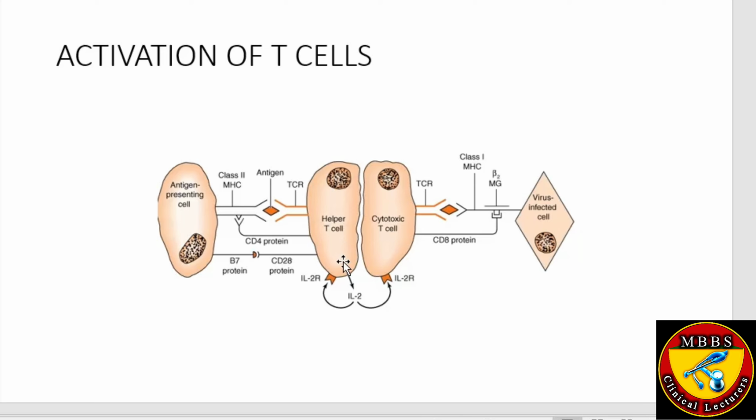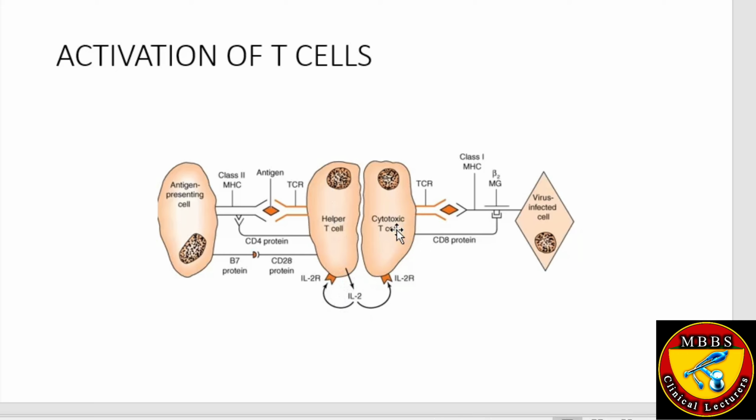The helper T cell becomes activated to produce interleukin 2, which binds to its receptor on the helper T cell and further activates it.